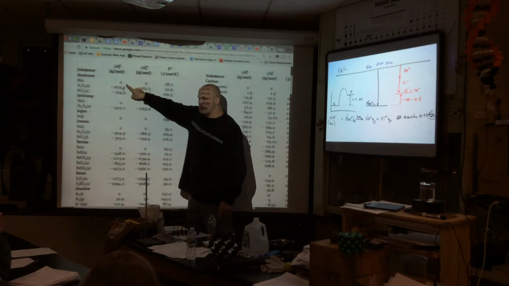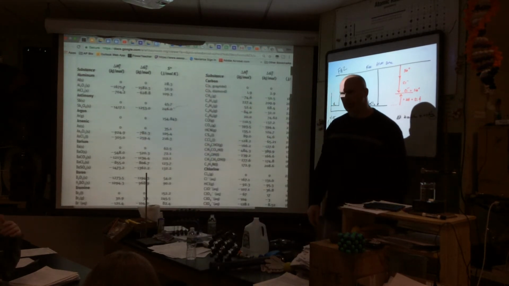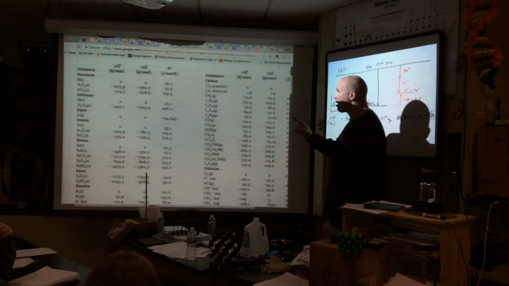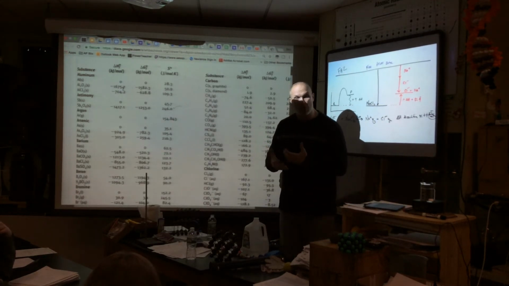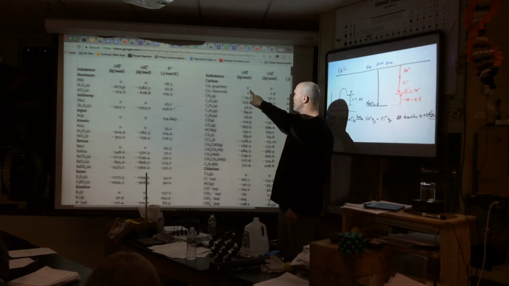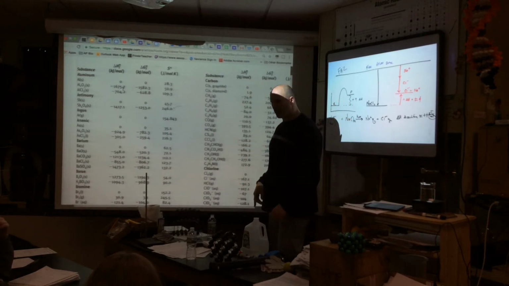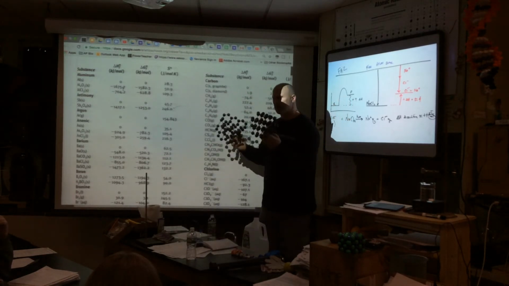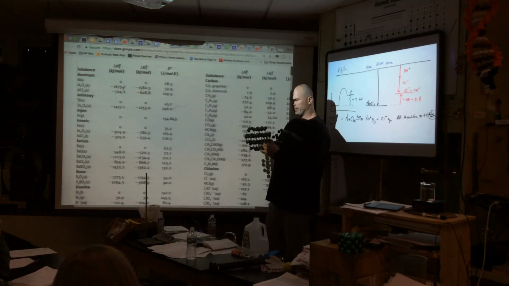Now notice something else. Sometimes I've got zeros here. Why do I have zeros? Because those are the elements in their standard state. If I have the elemental states, they will be 0. So if you have a diatomic, look at graphite. Notice diamond is positive. In order to go from graphite to diamond, there has to be a what? Look at graphite, 0.